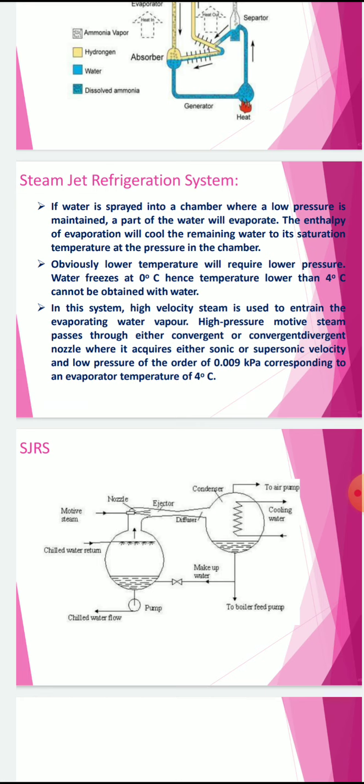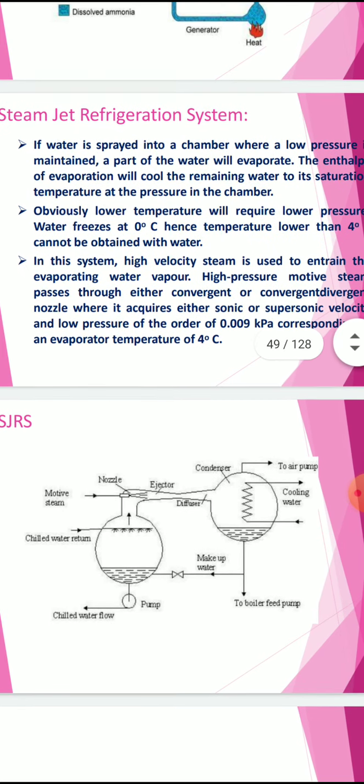Under this principle the steam jet refrigeration system works. The condensation takes place at the ejector. You will find a diffuser, and the nozzle will send the moving stream, and in the diffuser the function is different.